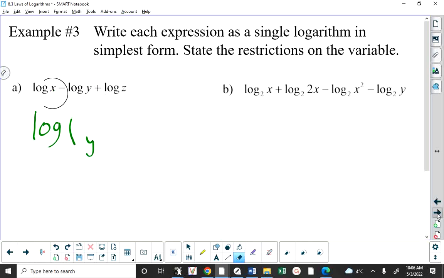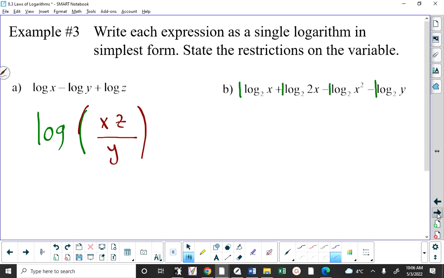Let me clean this up. This is log. Okay.